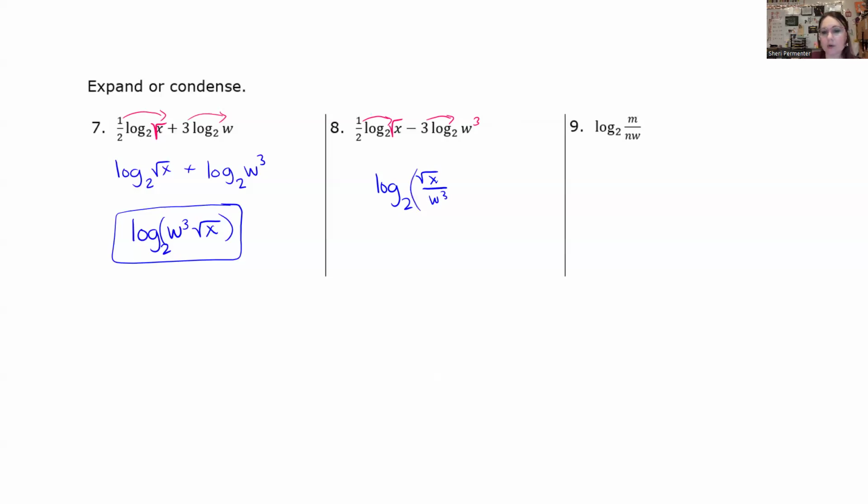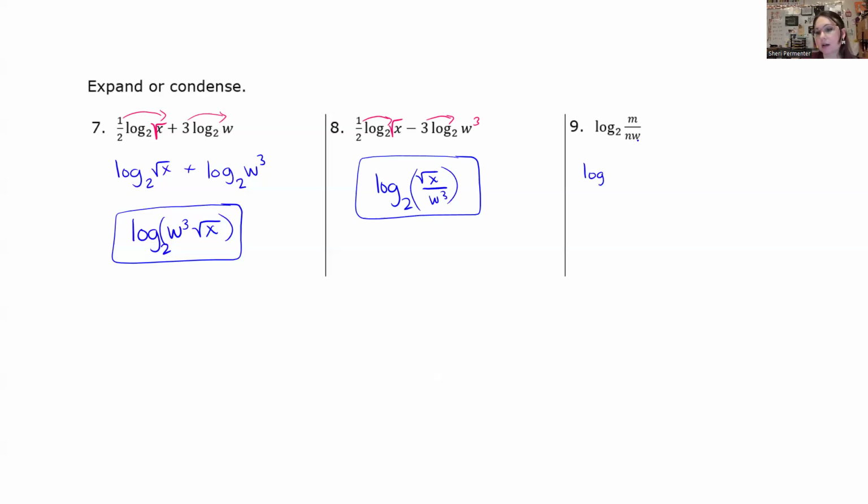Again, it's not right or wrong if you decide to put parentheses or not. If you like them, put them. If you don't, don't. Next, I'm going to start expanding this. Whatever is written on top has to be positive. So I'm going to have log base 2 of m. Anything that shows up in the denominator is going to come after, and I'm going to subtract it.